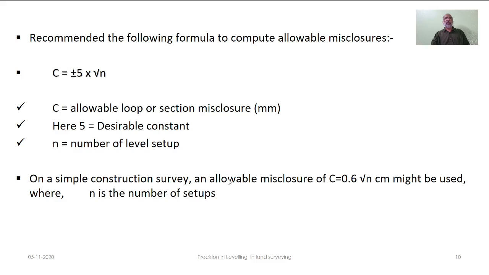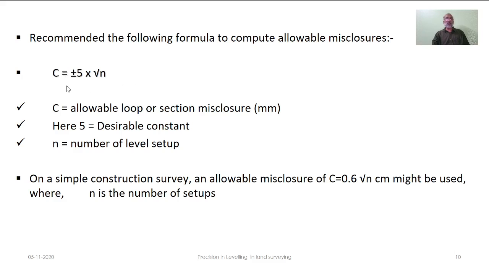Even instead of simply expressing that permissible error in terms of distance traveled by the equipment, literature tells us that this permissible error could also be expressed in terms of the number of level setups. So I am keeping the same terminology as I have referred to.